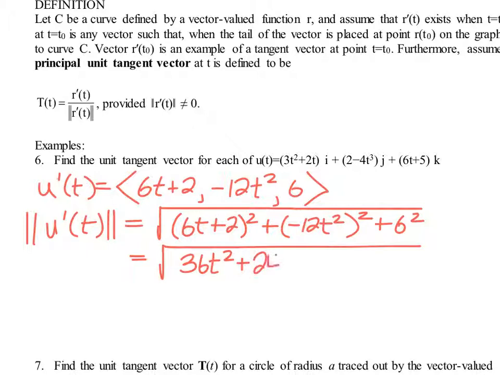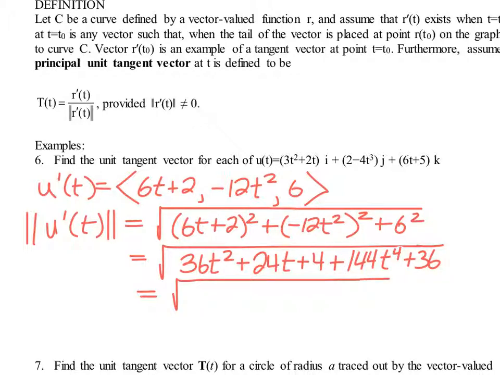We're at 24t plus 4 plus 144t squared plus 36, to the fourth. All right, so it's not even going to simplify down that much.